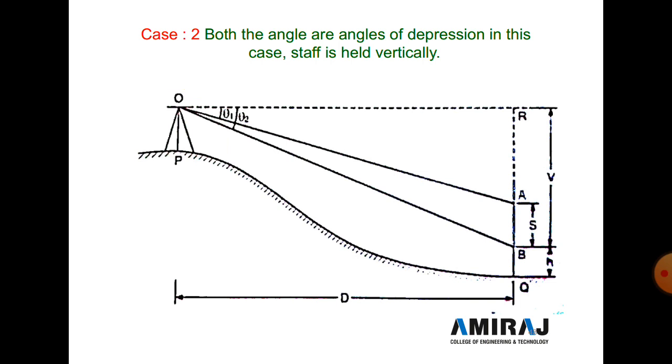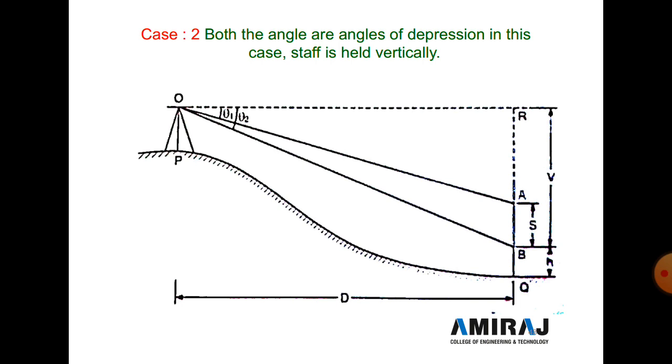The dotted line shows the horizontal line of sight, and from the horizontal line of sight to the lower crosshair reading is the vertical distance V, and from the lower crosshair reading to the bottom of the staff is a small h. The horizontal distance D is the distance between the instrument station and the staff station.